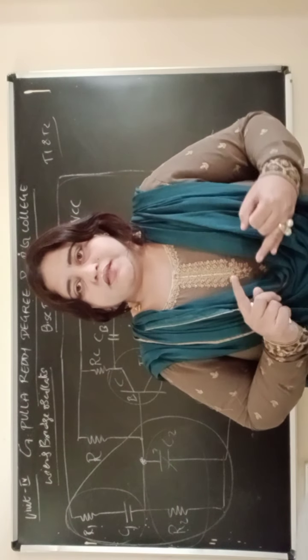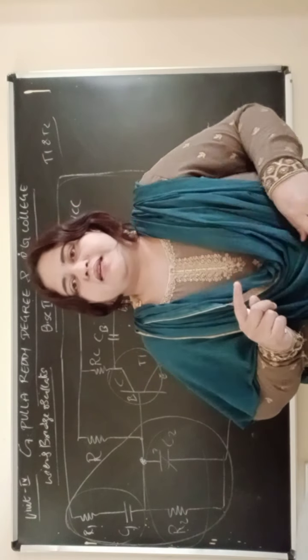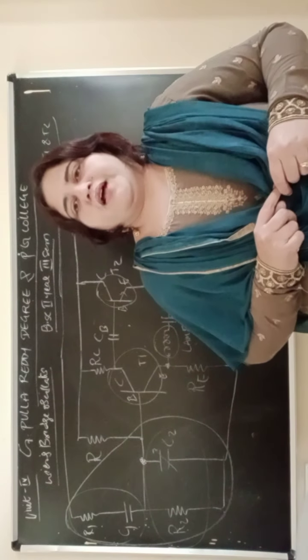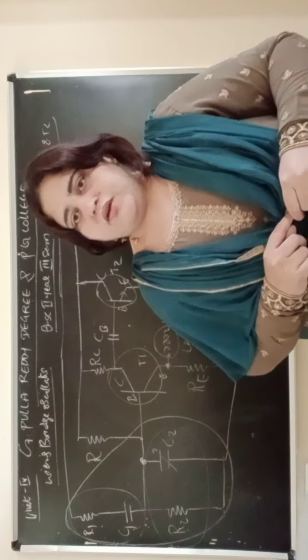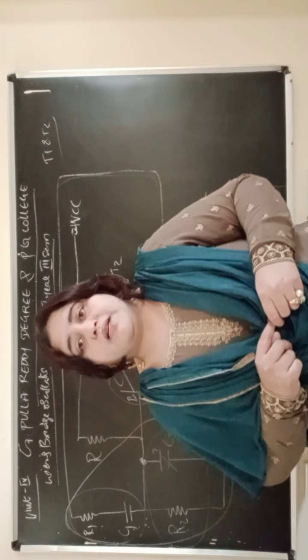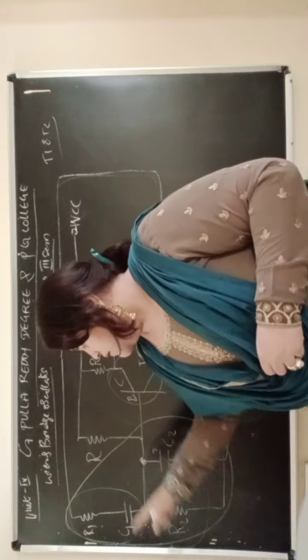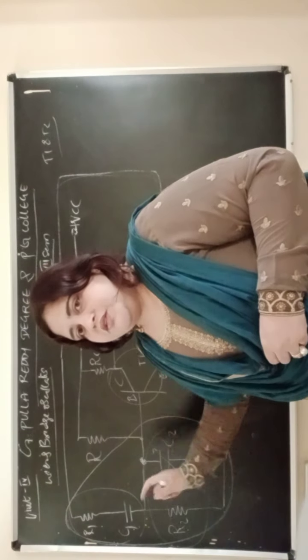The feedback network consists of resistors and capacitors in the form of a Wien-Bridge, that is, the upper arm contains the series combination, whereas the lower arm contains the parallel combination. Remember this. This is your Wien-Bridge network.